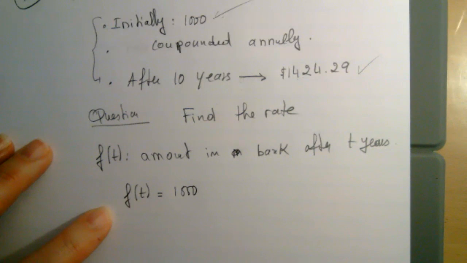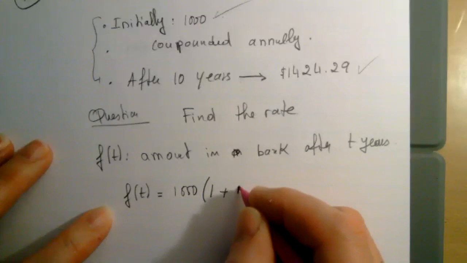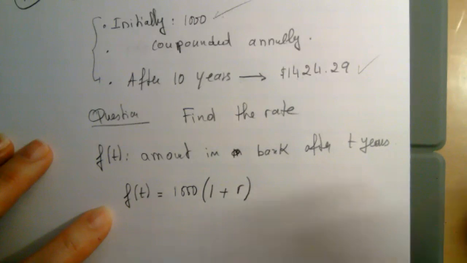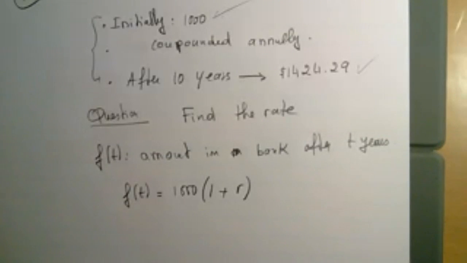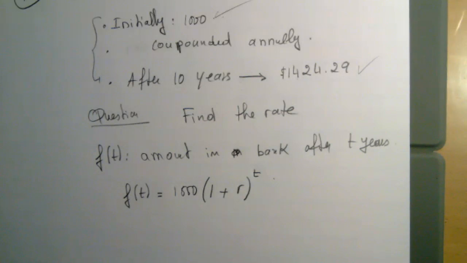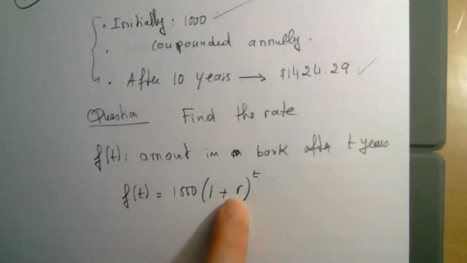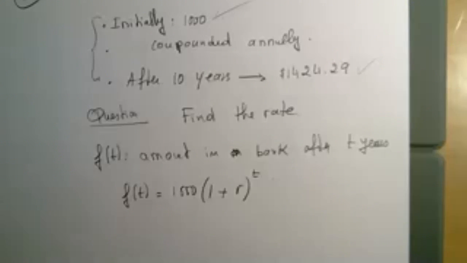It's 1,000 times 1 plus 0.01 r to the 10th power. Let's not write 0.01 r, write r. It doesn't really matter. And then we write it into decimal, to the power t. Is this the formula for annually compounded? Initial, 1 plus r to the power t. Do you agree with me on this?